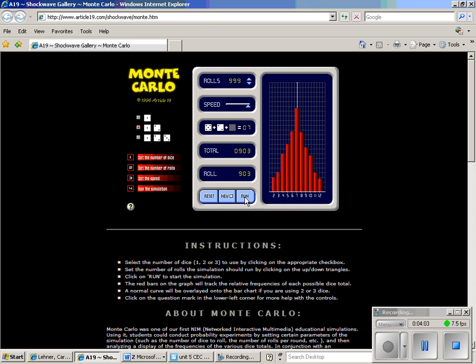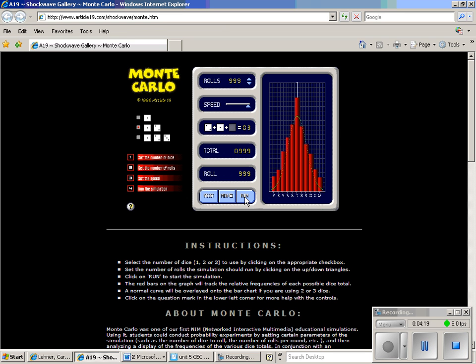We're almost at 999 rolls. So as you can see, this graph ended up being roughly symmetrical about the middle.